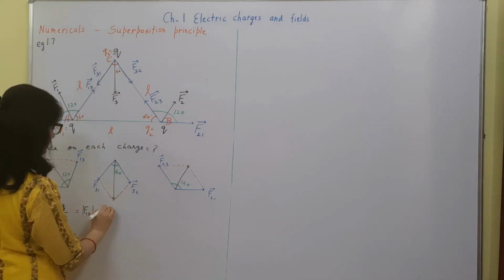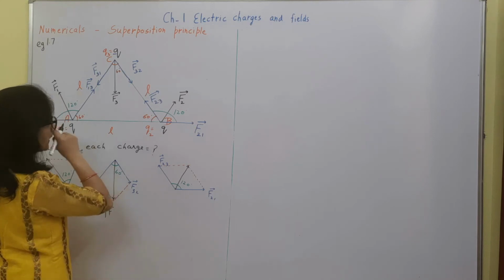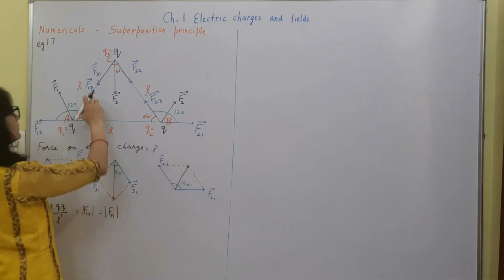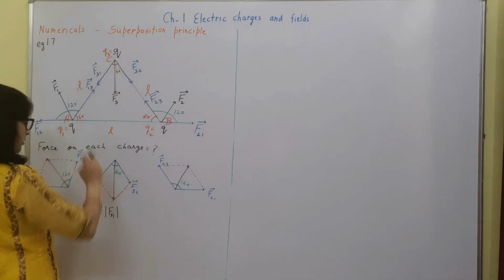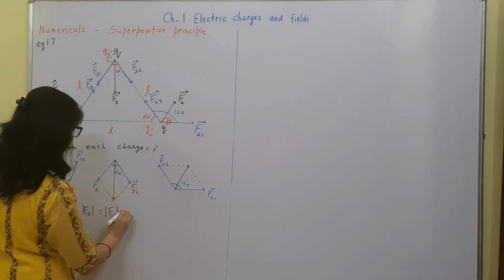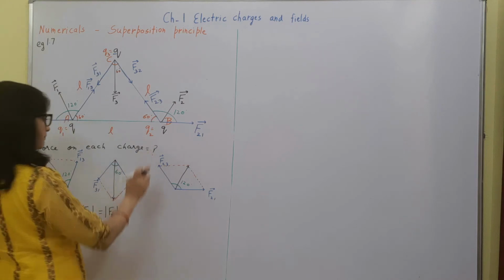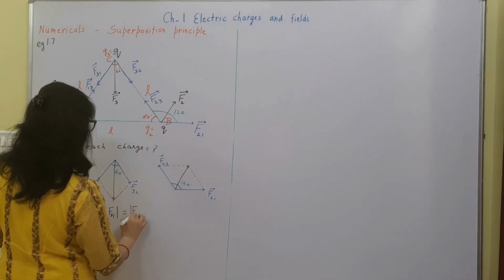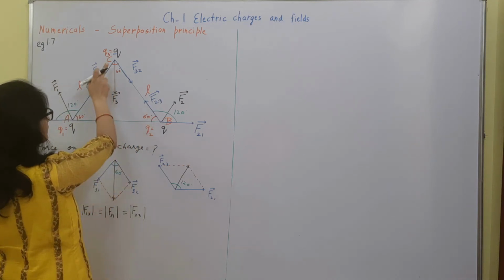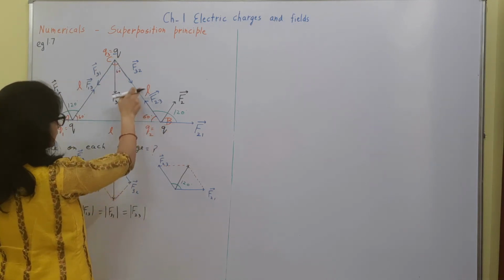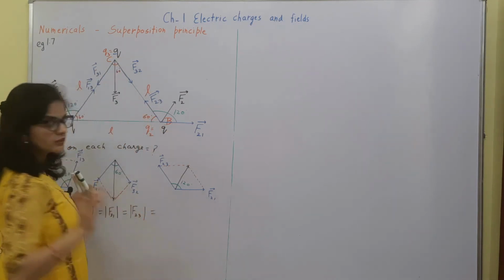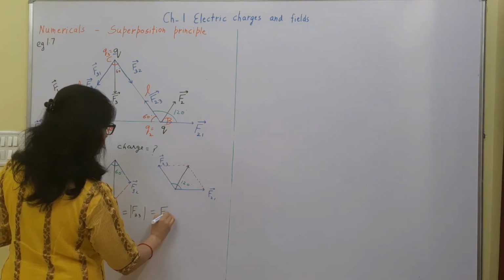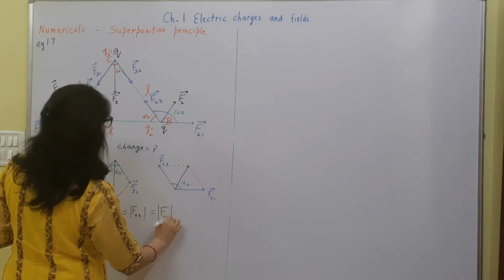So this will be same, and this will also be same as F31, because here also k q q upon L square. This will be same as F23. F23 is this k q q upon L square, because we are taking only the magnitude. Similarly, this is also equal to F21.